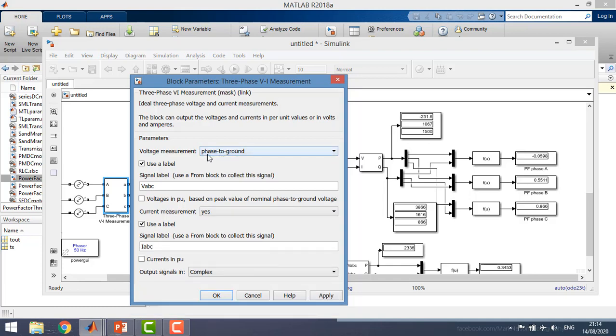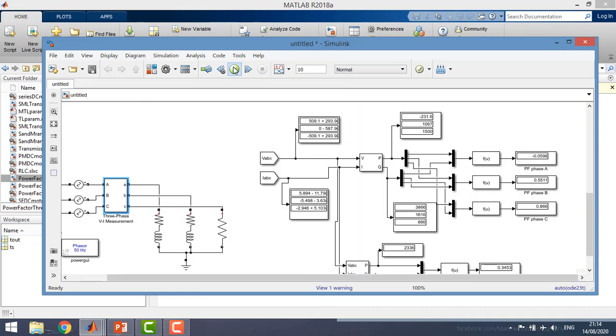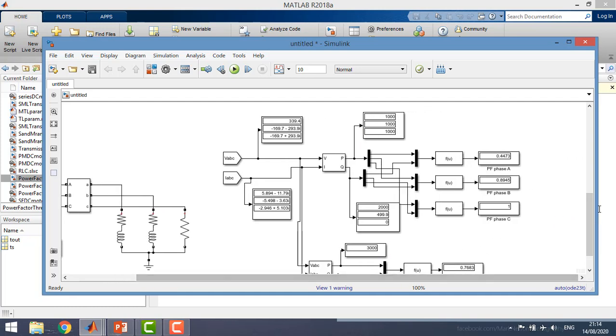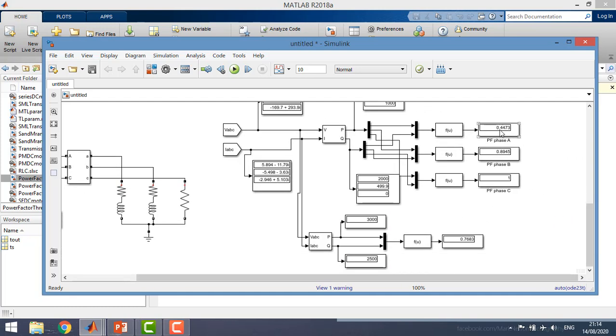So we need to change this to phase to ground. Brilliant. The power output per phase and the total as well. The power factor in each phase.